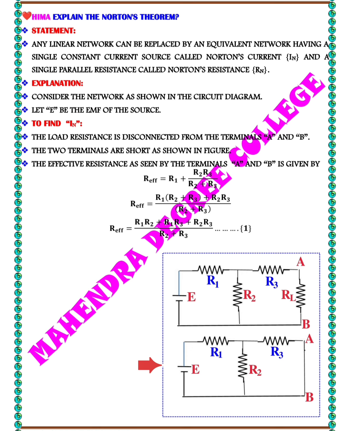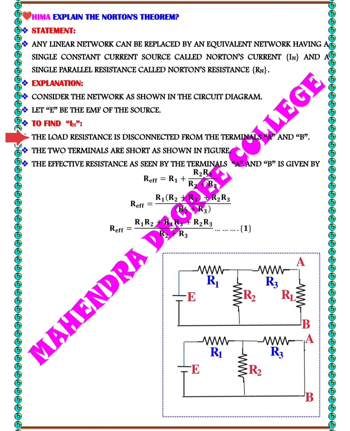Resistors R1 and R3 are in series with each other and their combined resistance is in parallel with R2. Next, we find the value of Norton's current, IN. The load resistance is disconnected from the terminals A and B.